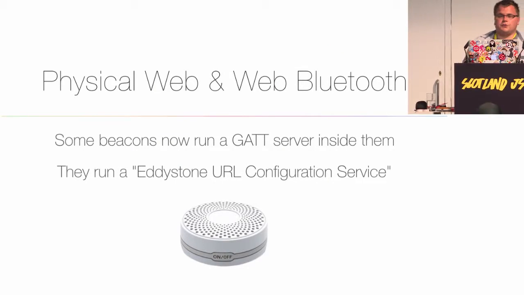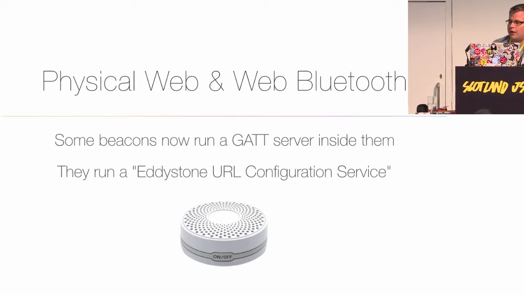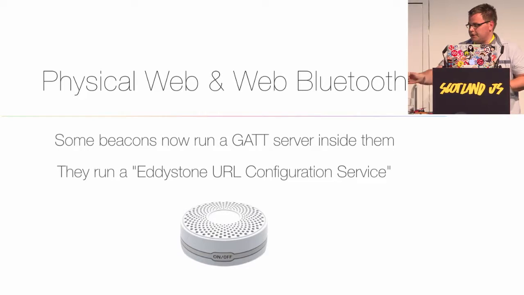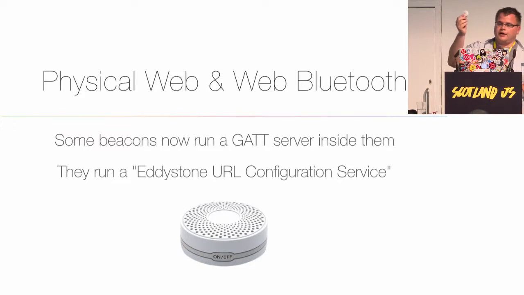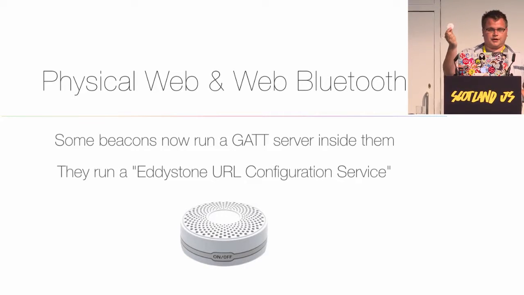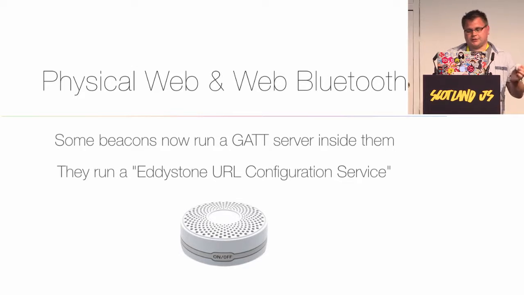So yeah, Physical Web and Web Bluetooth. The two things really work well together, and that's why I really wanted to talk about both of them. Some of the beacons, so this one here, now run a GATT server inside them. They don't just broadcast a URL, they actually run a GATT server as well. It's called the Eddystone URL configuration service.